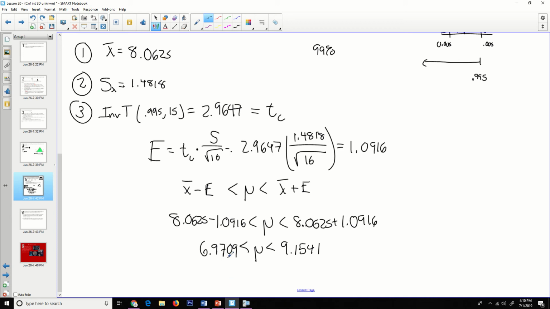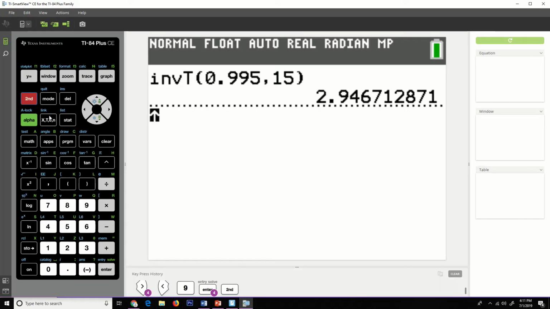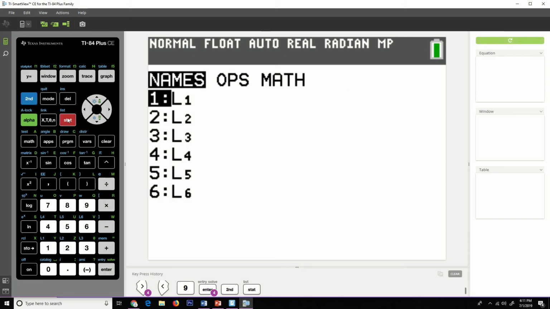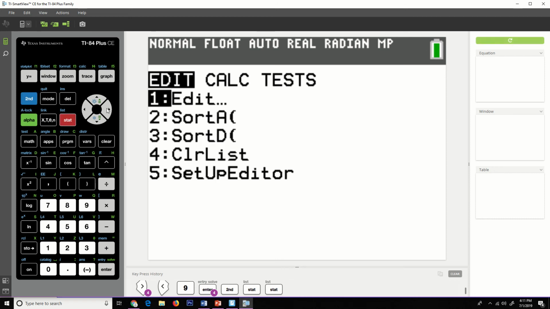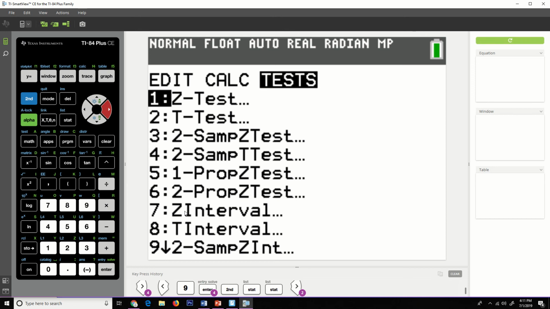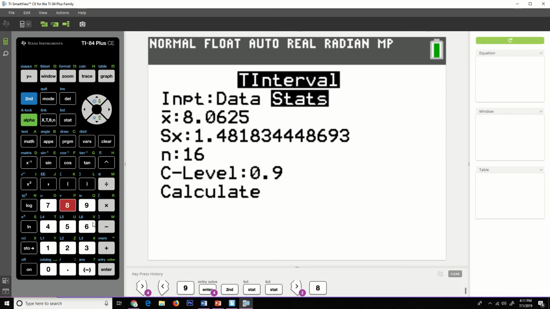All right, so how do we find that interval using technology? For number 4, we're going to use the T interval function. If you go second, and then I think it's in the stats, it's actually in the stats over in tests, and there's our t interval, it's the 8, so we're going to hit 8. Again, we want it to be on stats.